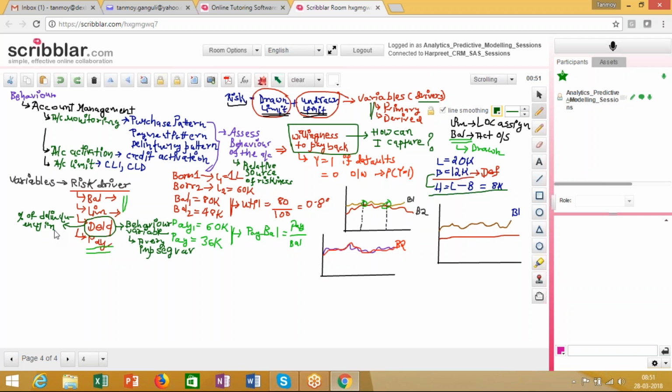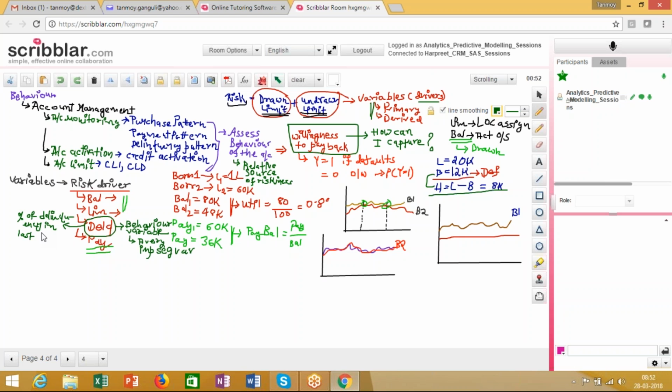So in the last 12 months, how many times, or say the percentage of times, has the customer or the account been delinquent? If I use this variable to predict the riskiness of the borrower, then I can tell you that for the last 12 months, borrower 1 has been delinquent once, missing his payment for just one cycle, whereas borrower 2 had missed his payments 4 times.